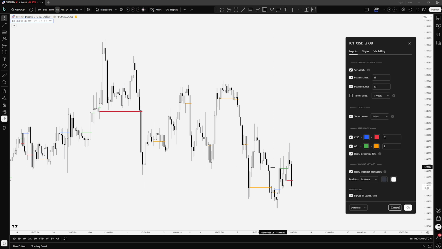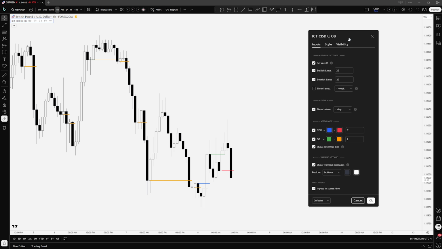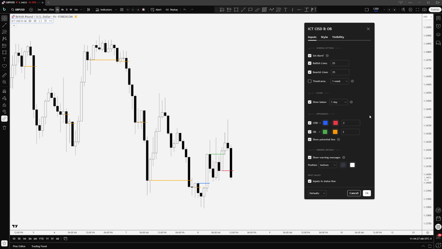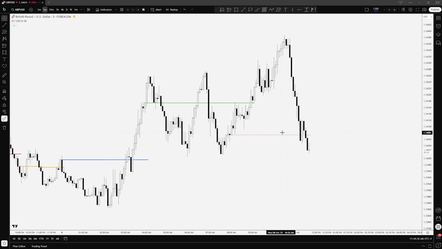Show potential line. This is basically what I was showing previously. So let's say I want to mark the hourly closures. I'm interested in that. And then if I go to the 5 minutes, it tells you there is a potential for you to get a closure for the hourly change in state of delivery, in this case below the open price of the bullish hourly candles.